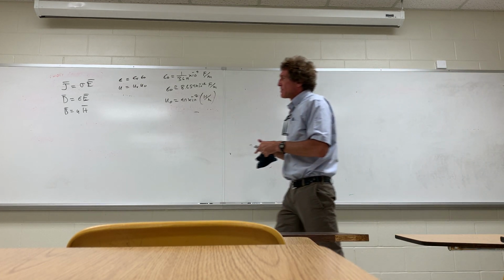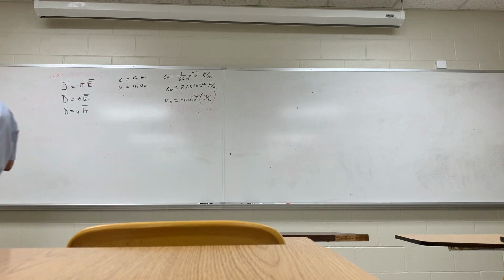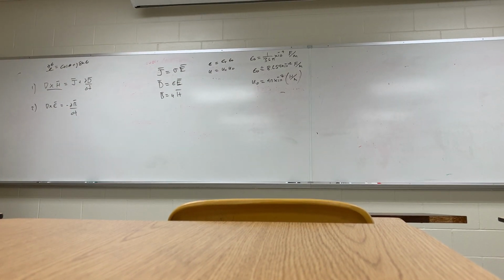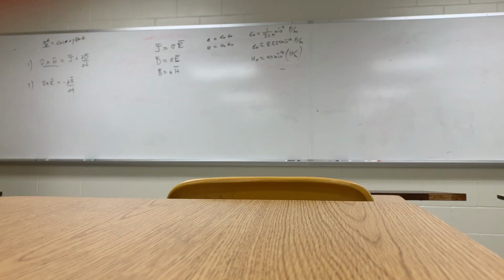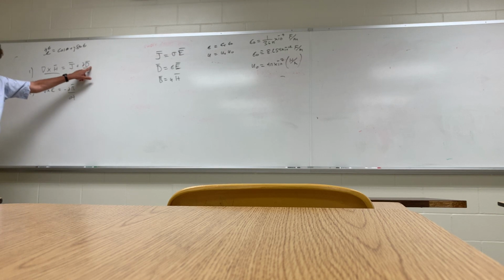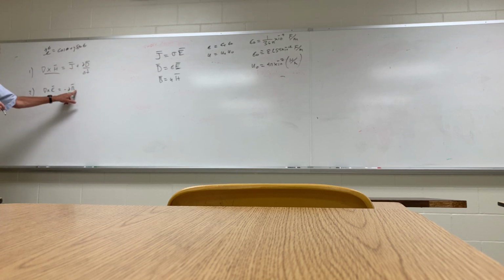So I come over here, I've got two equations, two unknowns. Now, I guess I'm going to do this in stages. The first thing I'm going to do is replace J with sigma E and D with epsilon E. And then here, I'm going to replace B with mu H. Y'all follow me?